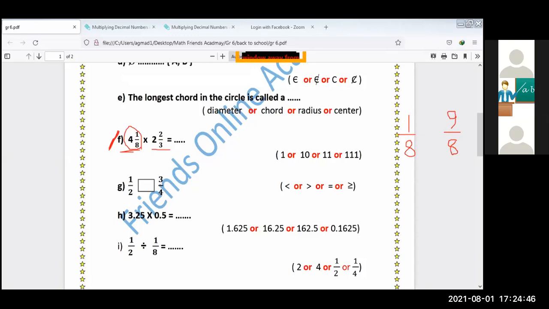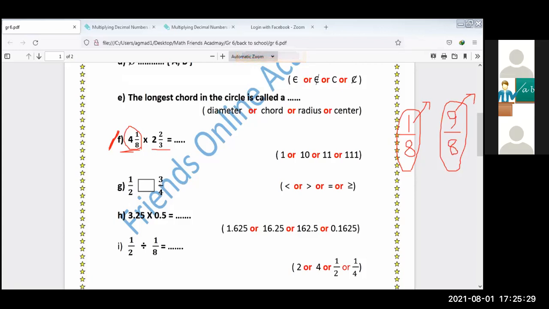Improper fraction is all the time bigger than or equal to 1. Proper fraction is less than 1. If our numerator is less than our denominator, it means this is a proper fraction, the normal fraction, like 1/2, 1/3, 6/7.